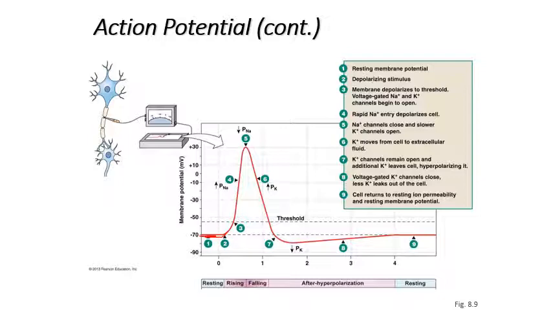Okay, we get up to threshold, and remember, what is threshold? Threshold is that negative 55 millivolts. That's when you're going to get opening of those voltage gated channels. Okay, and if you remember, the most rapid thing to happen is those very rapid voltage gated sodium channels open first. So the first thing you see happening is this rising phase.